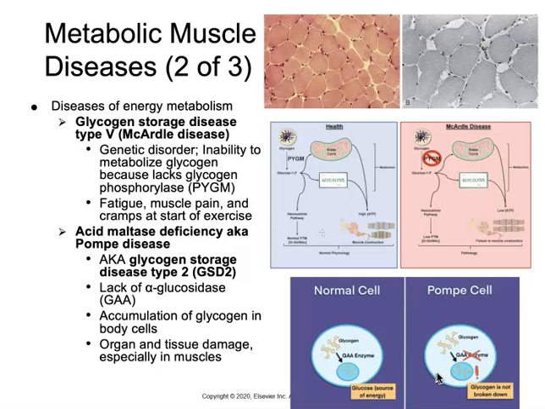So individuals are going to experience fatigue, muscle pain, and cramps, especially at the start of exercise in McArdle disease. Now, this disease is autosomal recessive, and they may experience a second wind where energy starts to improve after that initial fatigue, because our body starts to shift into utilizing free fatty acids.